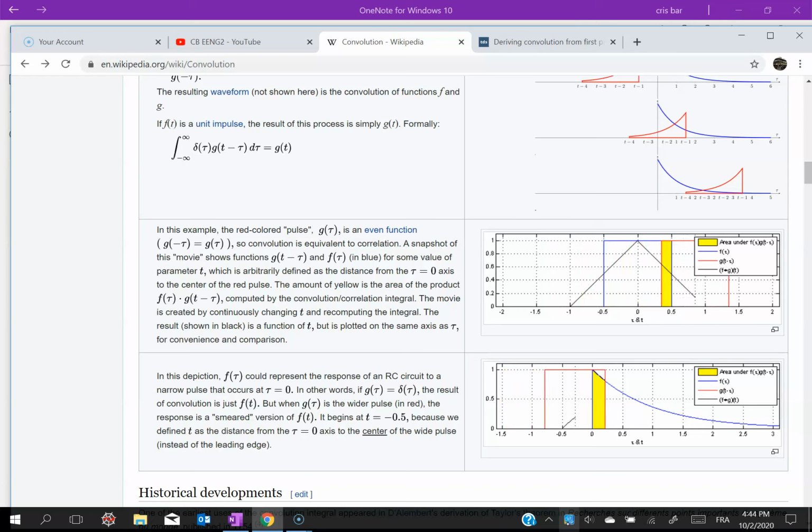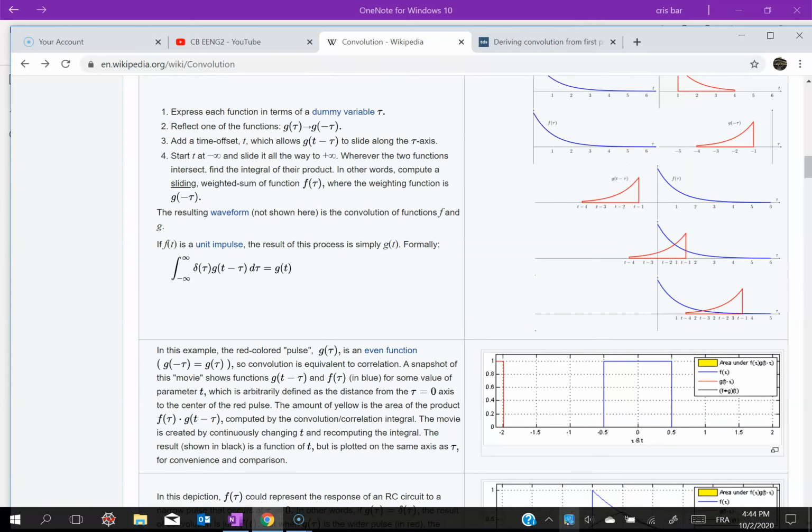In that case, you see the convolution, the black curve drawn here during the shift of one on the other, looks like the first one that has been smoothed by the second one, something like this. That's more or less the idea.